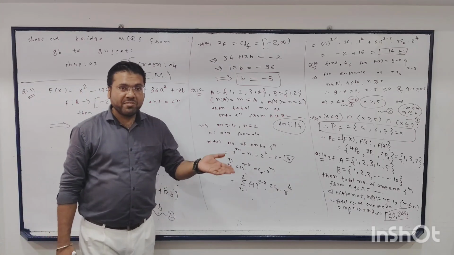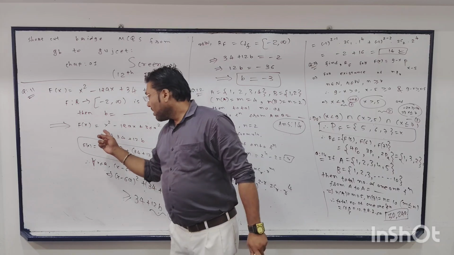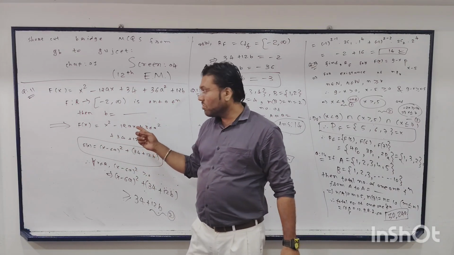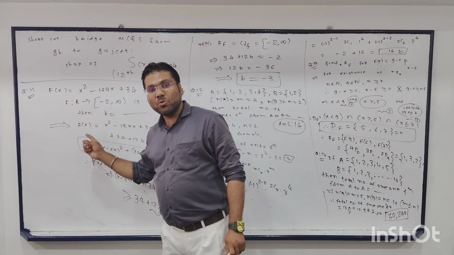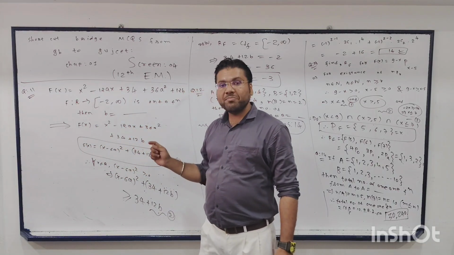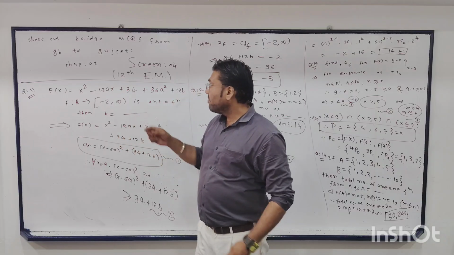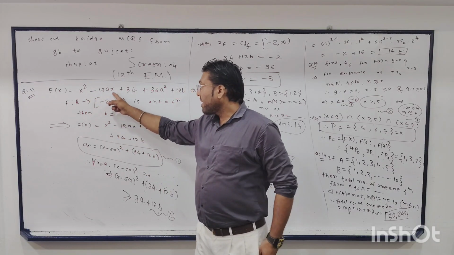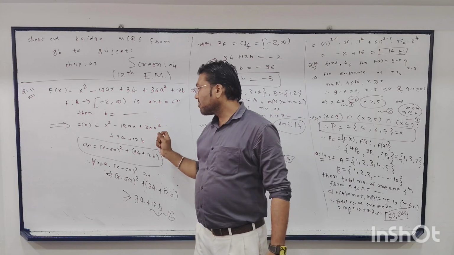As per our previous discussion friends, if anything is there in terms of a quadratic equation or a second degree polynomial equation, try to make it a perfect square. So here we have taken three terms together: x square minus 12ax plus 36a square.